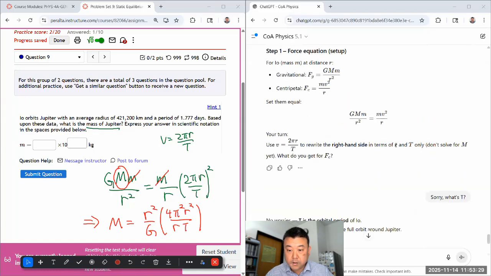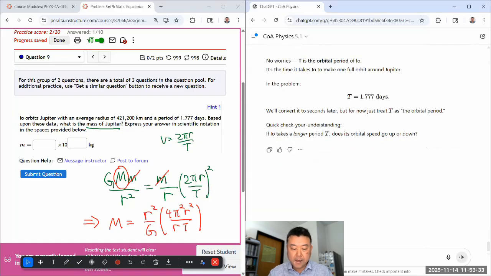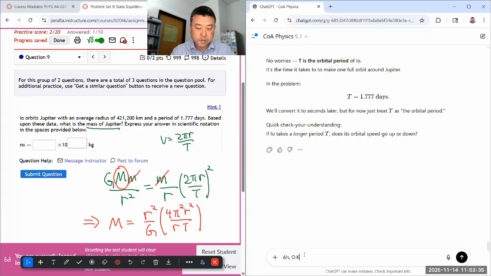The algebra looked simple, so I solved for M, the mass of Jupiter. Does this look right?